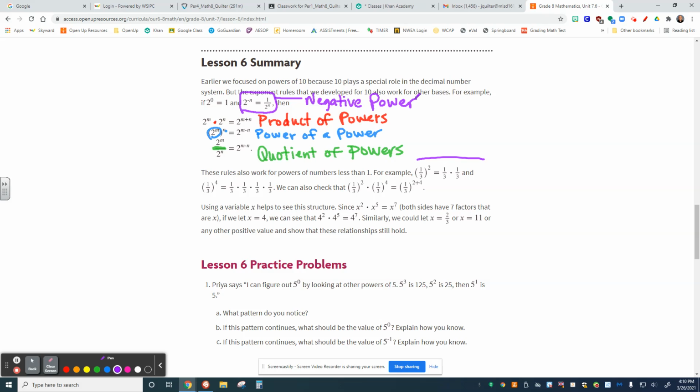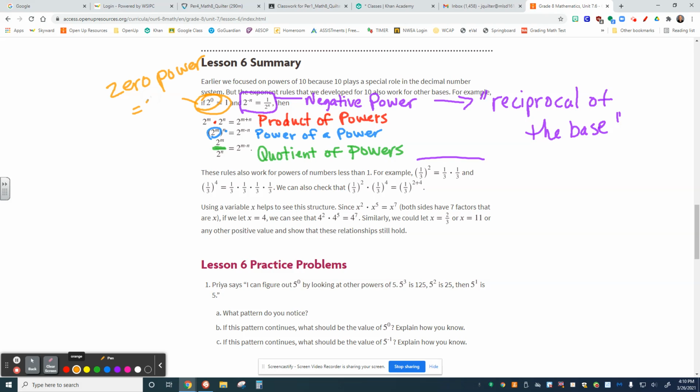And what we have to focus on with the negative power is we need to think reciprocal of the base, and then raise that to the positive power that was given. And then we have one final thing that we need to identify here, and that's this one right here, the 0 power equals 1.